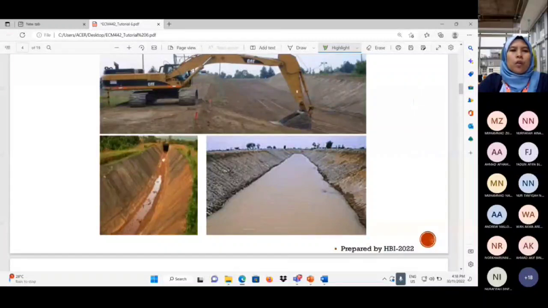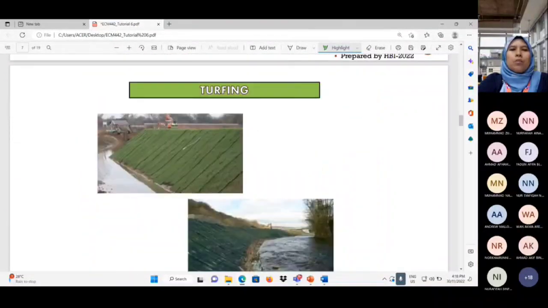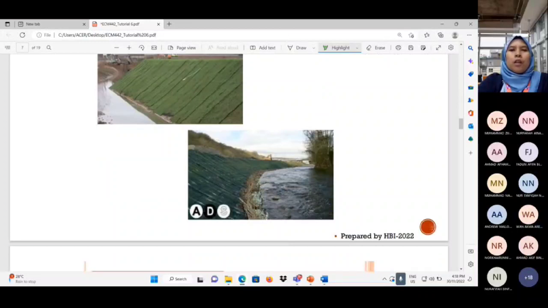So material untuk turfing tu basically various lah. Mungkin ada simen, menggunakan gravel, kan? Else menggunakan rumput, okay, and also the turfing material geotextile. So the price of the material is different.